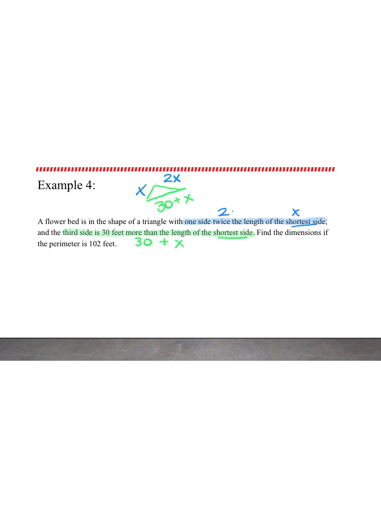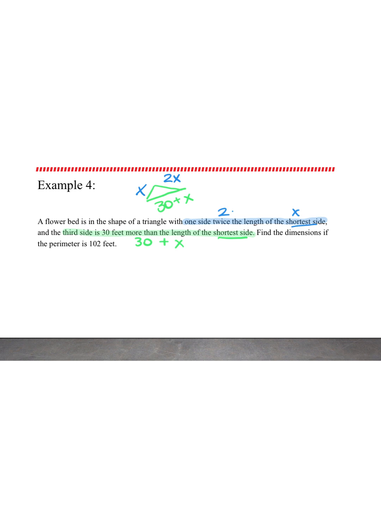You'll notice patterns when you are solving problems like this, that they relate everything back to one side. So whatever the side is that they're relating it all back to, that side would be just your variable. So again, x is our shortest side. That first side they mention is 2x, and then our longest side, or our third side, is 30 plus x.